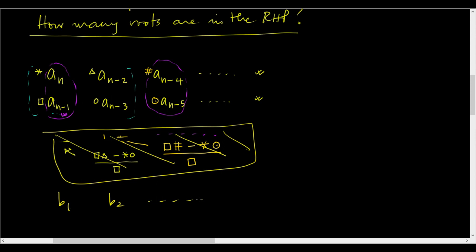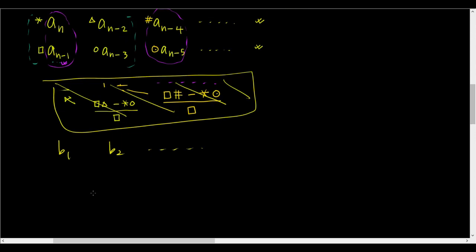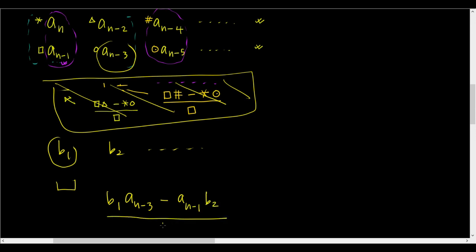Now we have to put this element here, and what it will be is, I'm just going to repeat the calculation, b1 an minus 3 minus an minus 1 b2 by b1, that will go here.